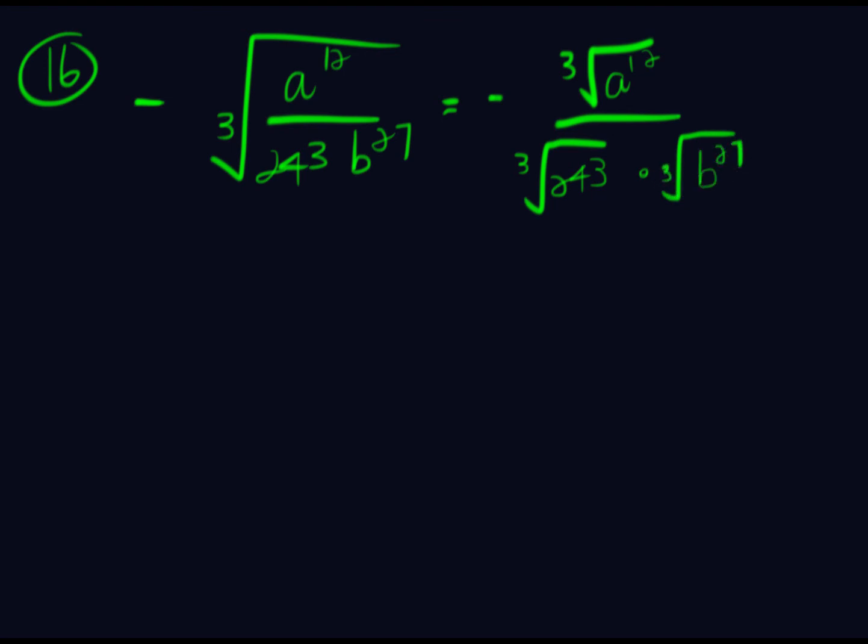So the cube root, now notice our final answer will be negative, okay? But the cube root of a to the 12th, well, 3 goes into 12 4 times evenly, so that's just an a to the 4th that comes out, and there's nothing that stays inside of the cube root because the 3 went into 12 4 times evenly.